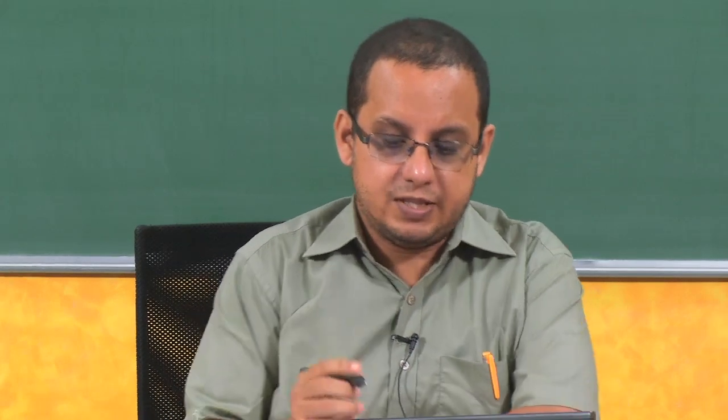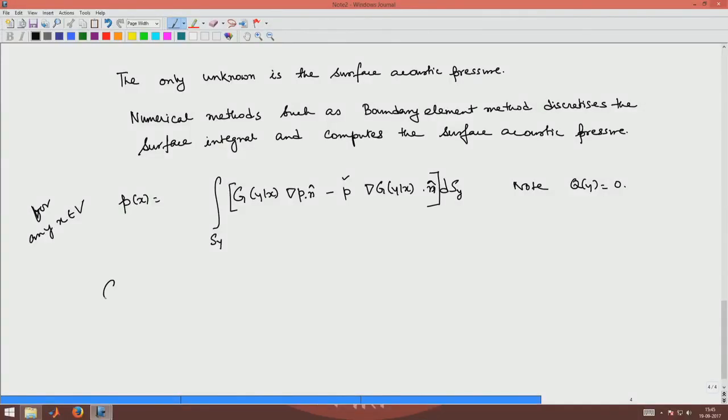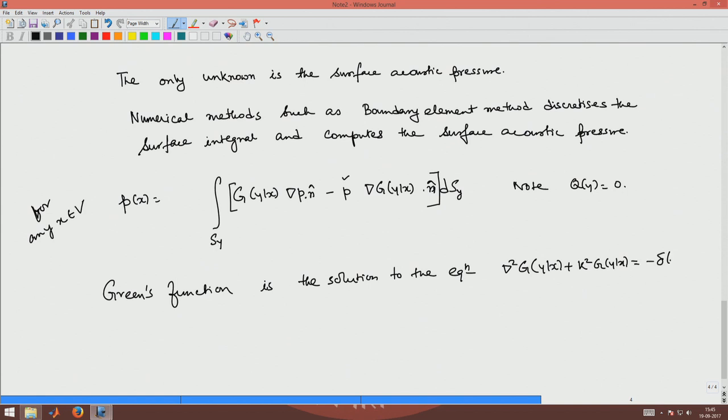I will close this talk by giving you the expression of at least one form of Green's function. As I said, Green's function is the solution to the equation del square g(y, x) plus k square g(y, x) equals minus delta(y minus x), right. So, x is the location of the source which is taken as an impulse.